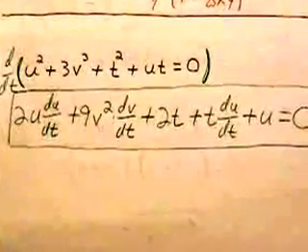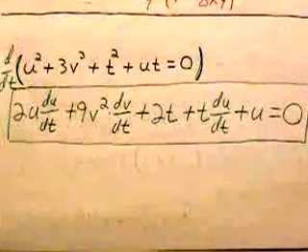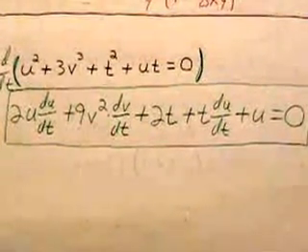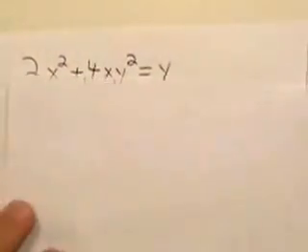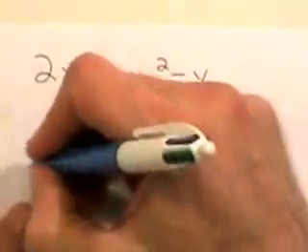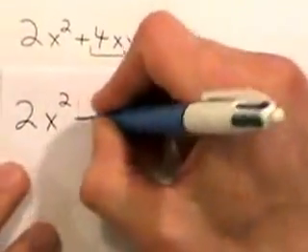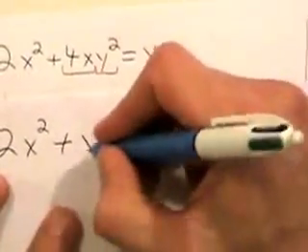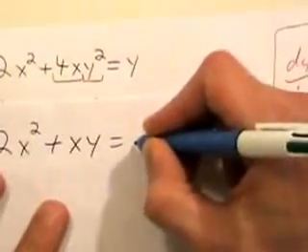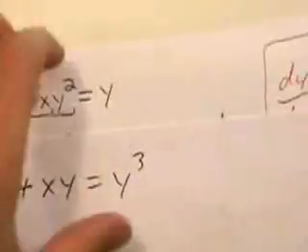And as a final example, we don't have to use u's and v's exclusively. I'll take this problem, I'll write it down again, so I'll say 2x squared plus, I'll leave out the 4 and just write xy, say, equals y cubed.